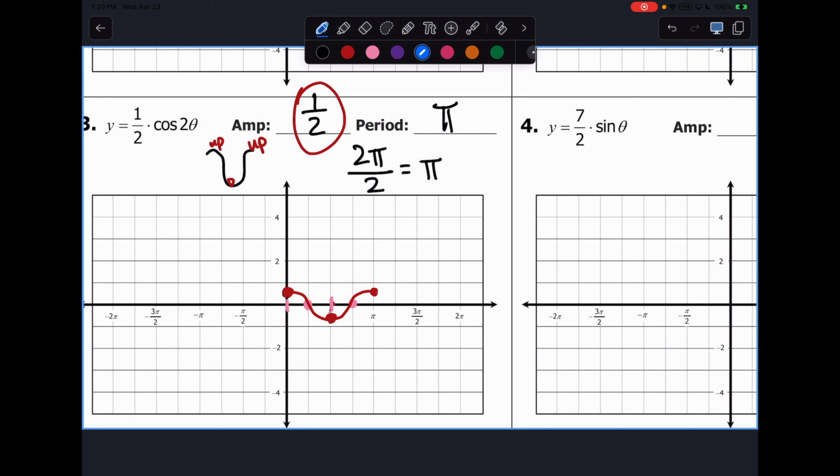So a full pi would make it here on 2 pi. Halfway between those two will be 3 pi over 2. Then halfway between the half and the first point will be right here where the x-intercepts are. Do you see my U shape? Just curve it. Don't make it a V. Make sure it looks like a U. Okay?